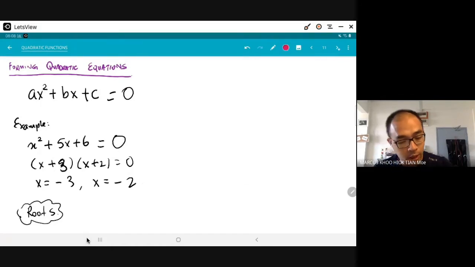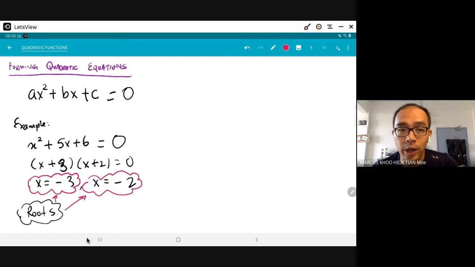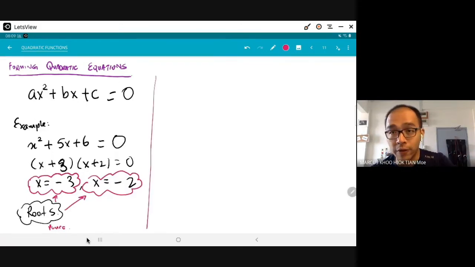These two answers, x equals negative 3 and x equals negative 2, are known as roots, which in Malay is called punca. So the roots of the quadratic equation are x equals minus 3 and x equals minus 2.